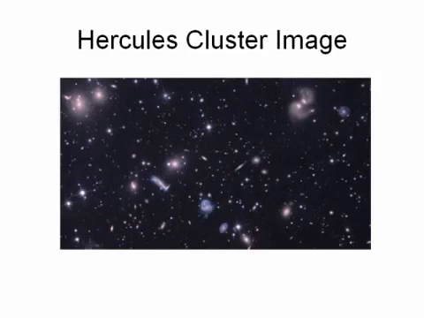Okay, and then the Hercules cluster is the one you want to determine how much further away it is than the Virgo cluster in question 7. Okay, so what you would do, let me go back to the Virgo cluster.